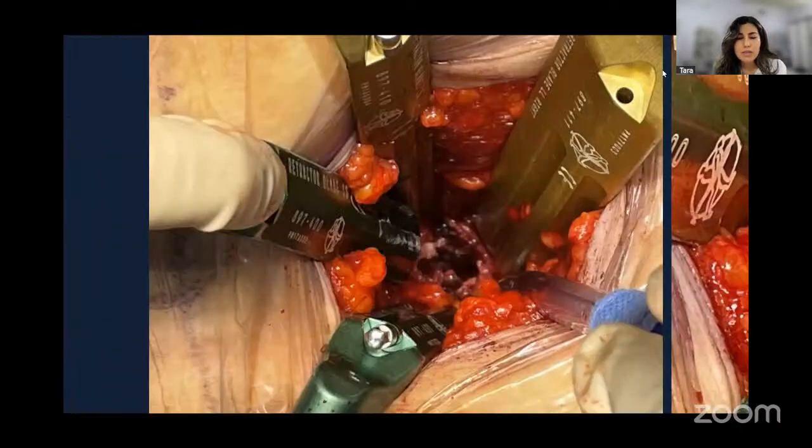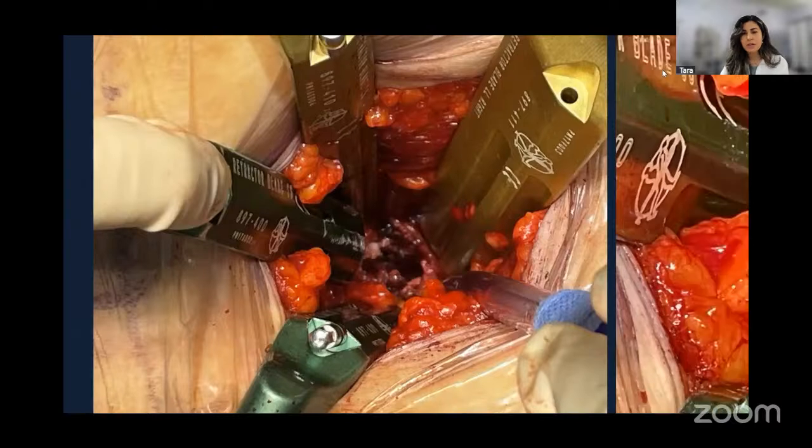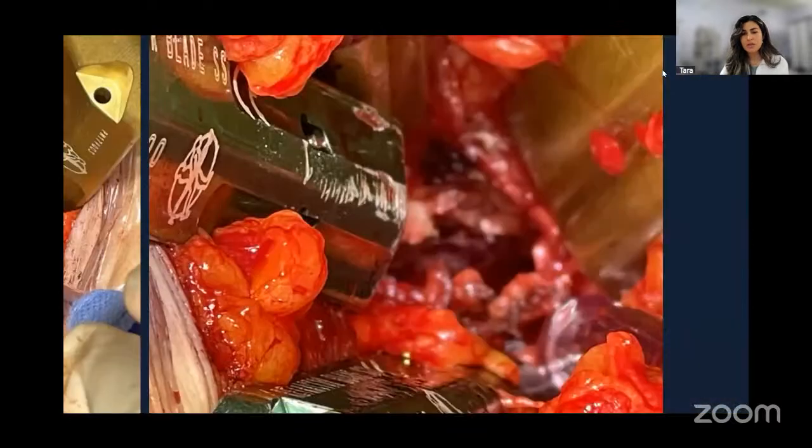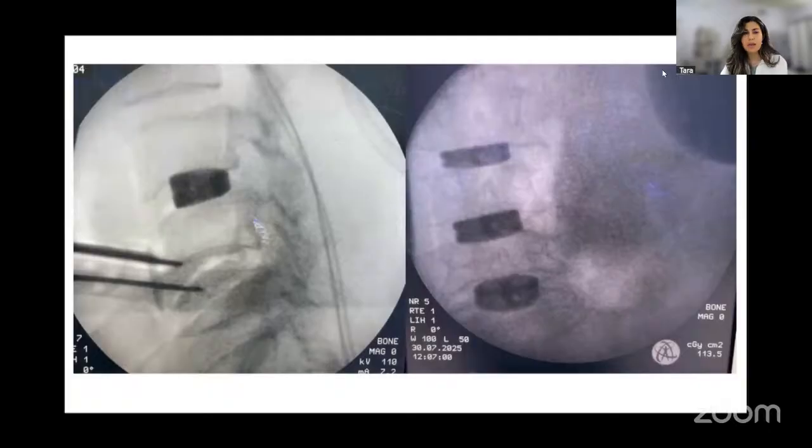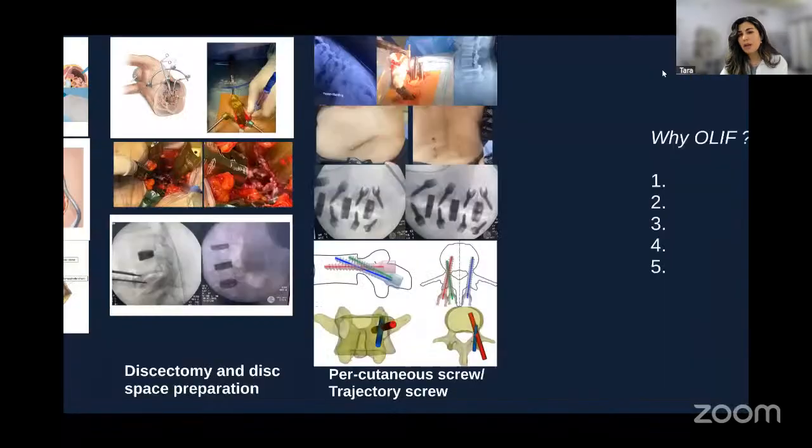I was seeing the segmental arteries and the sympathetic chain very well, but probably my phone was not helping me to show it clearly here. However, this is an intraoperative view of how you see the disc space. 3-level OLIF was done through the same incision, which I just showed you, in an obese patient of 4 cm only.